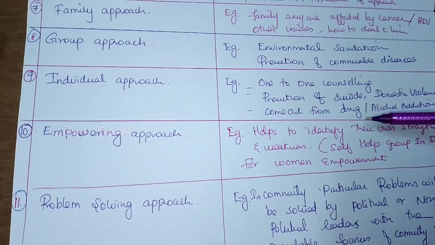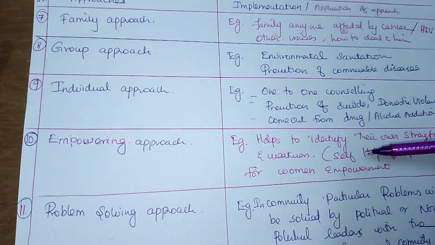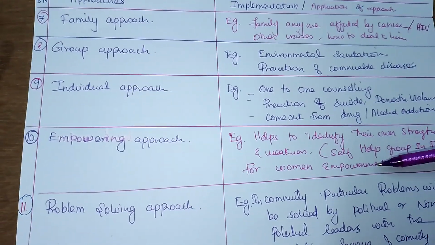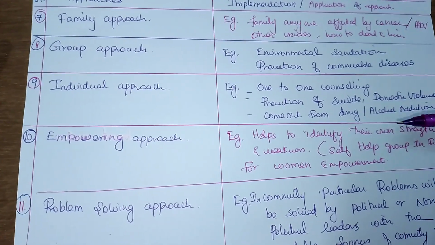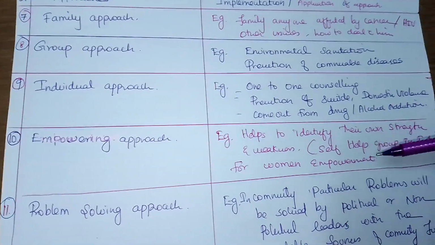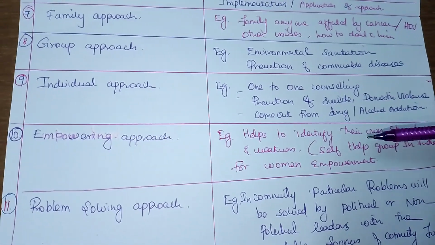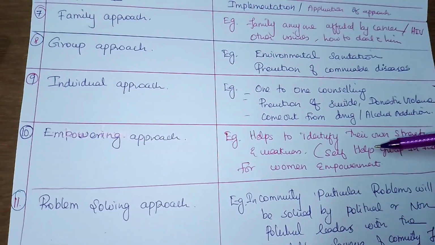The empowering approach. What is called empowerment? What is self-empowerment? It helps a person identify their own need and their own problem, find their own solution, and help themselves come out of their problem. That is called women empowerment. Tamil Nadu has done this beautifully.